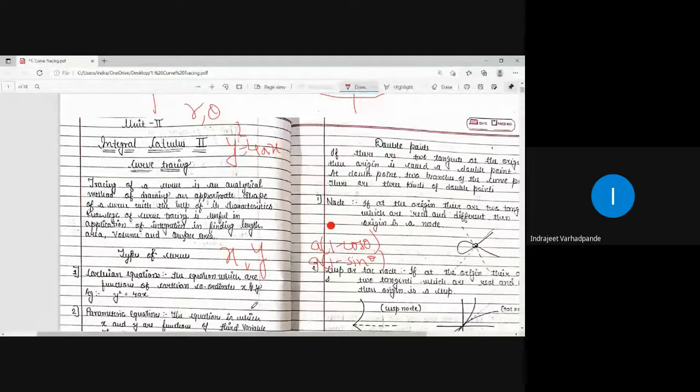Now whenever the relationship between the variables x and y is other than first degree, because whenever the variables appear in the first degree we call that expression a linear relationship between the variables.